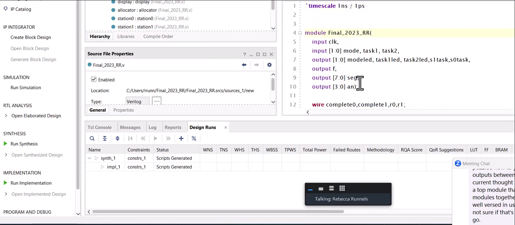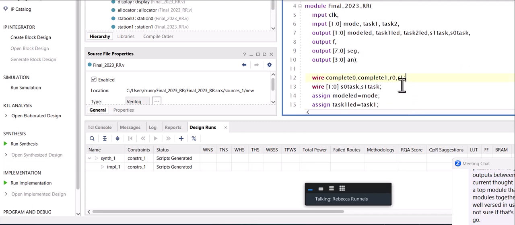Okay, so you can see right here, I've got my list of inputs and outputs and what I named them. The S1 task and S0 task are not really going to be outputs. But for your wires, these are things that are outputs for one module and an input for another module.